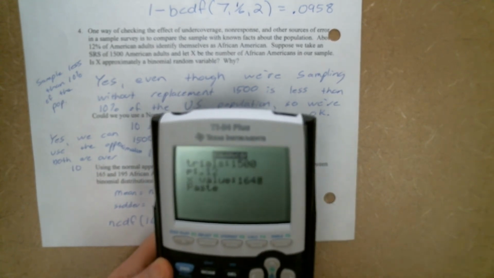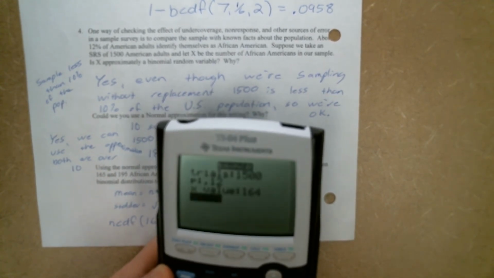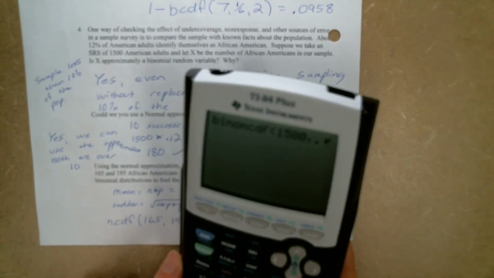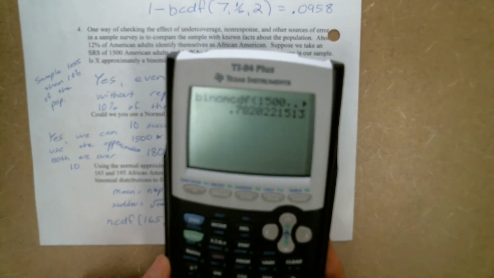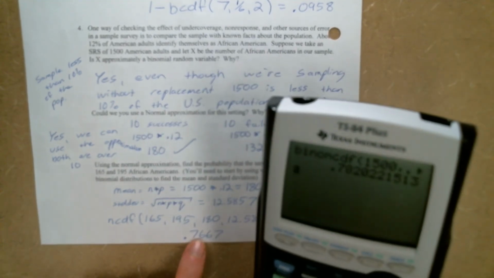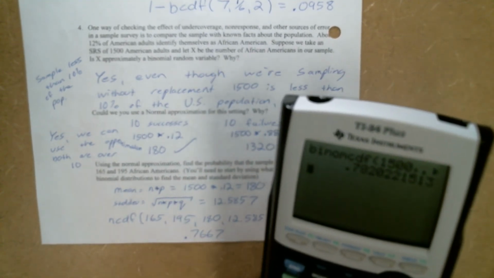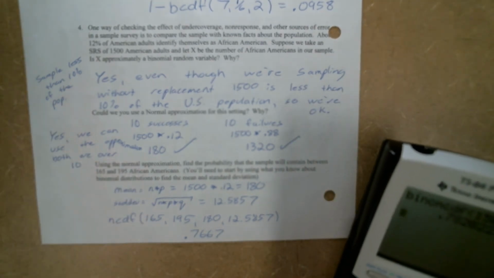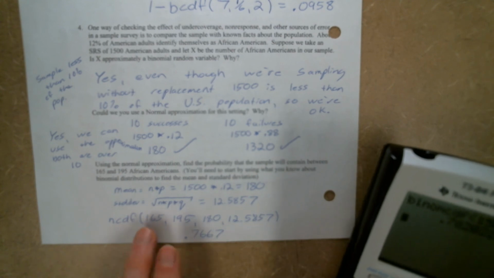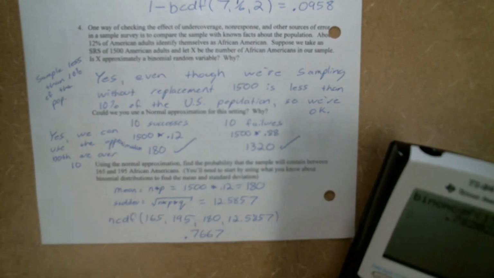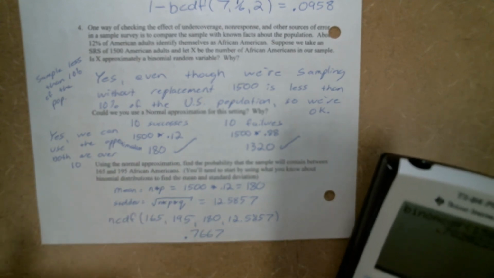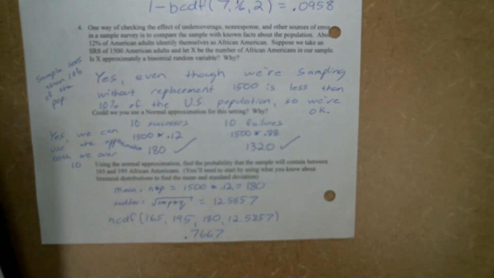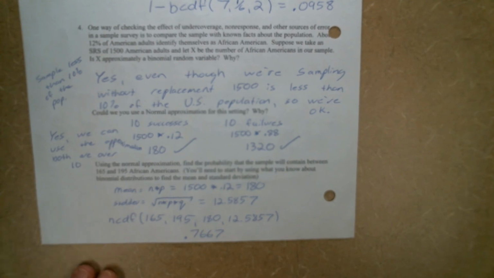So if I subtract away 164 and down, then I'm left with just 165 to 195. And I'm not going to get the same answer. This is 78%. Here I got roughly 77% if you were to round it, but it's close. Sometimes the normal approximation is easier, especially when you're doing ranges like this. And since it's in the same general ballpark, it's not going to be exact, but a lot of times it'll be close enough and we can get a similar answer.